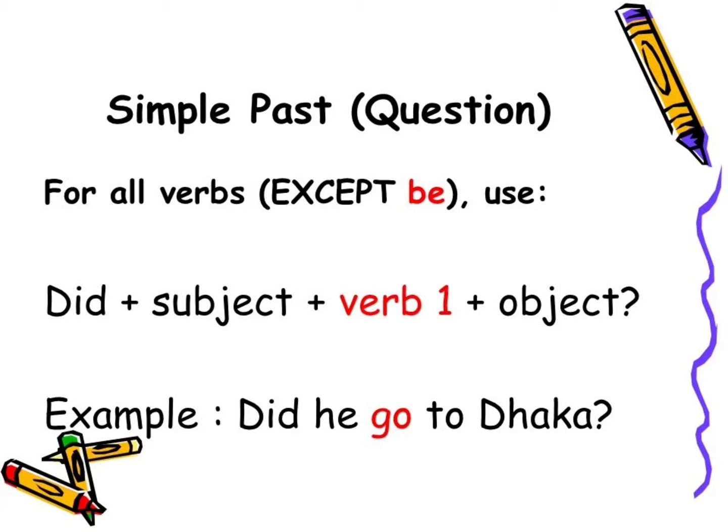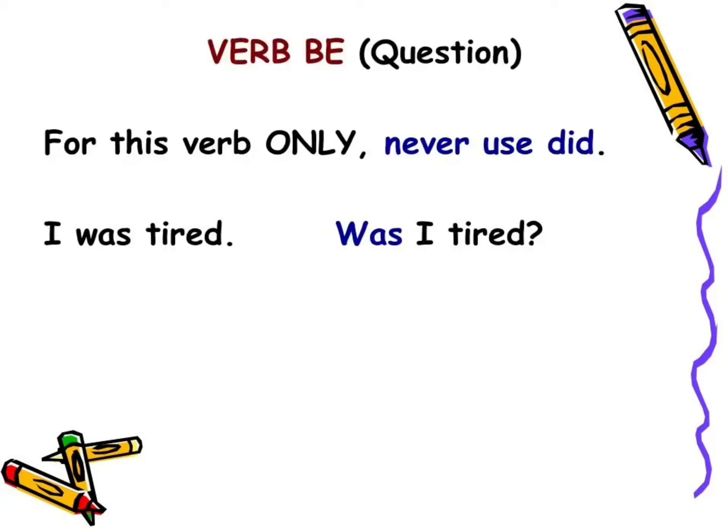This simple past question is especially used with verb 1. Be question. For this verb only, never use did. For example, I was tired. And the question is: Was I tired?